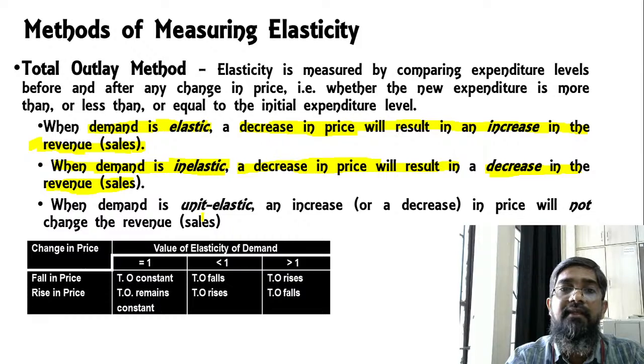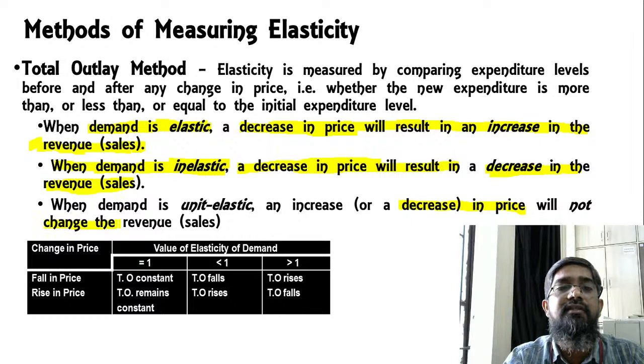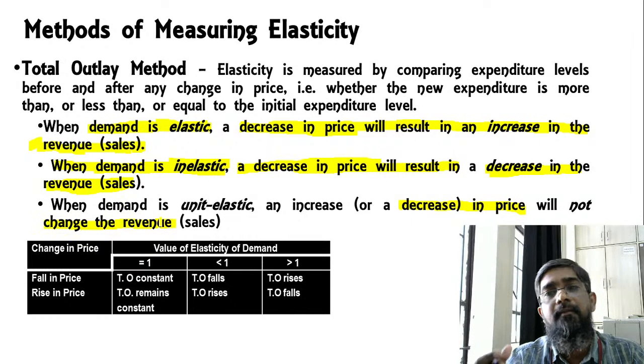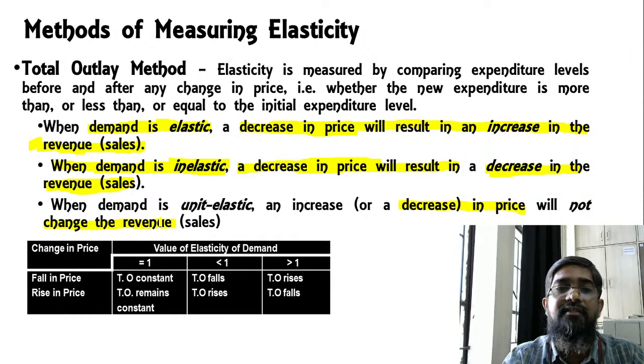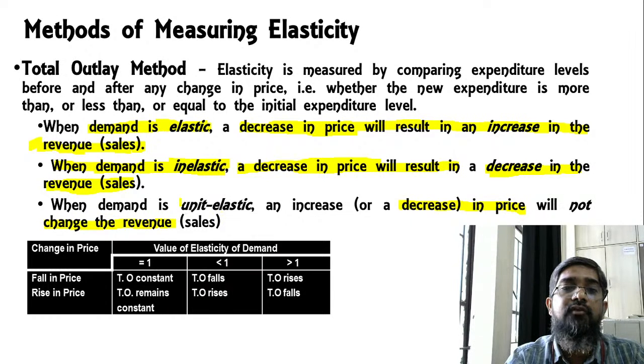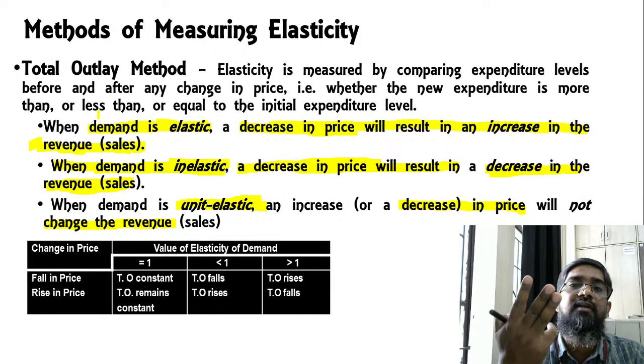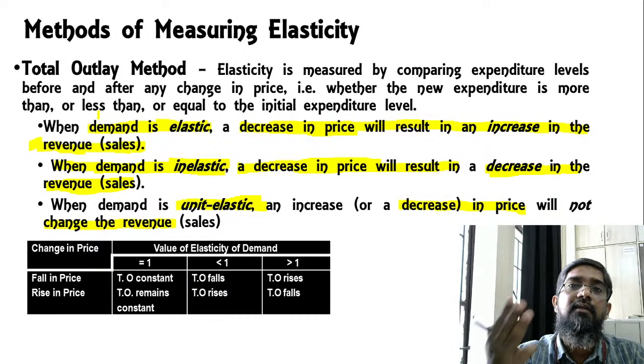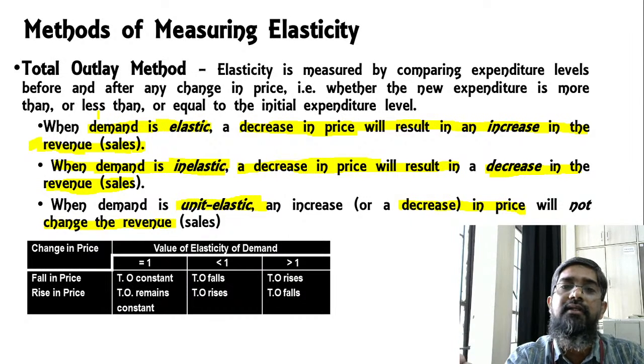And finally you can see decrease in price will result in no change in revenue, right? Price changes, increases or decreases, but sales does not change. So in that case it will be unit elastic. With the help of this total outlay method, you get 3 different types of elasticity of demand: elastic, inelastic and unit elastic.